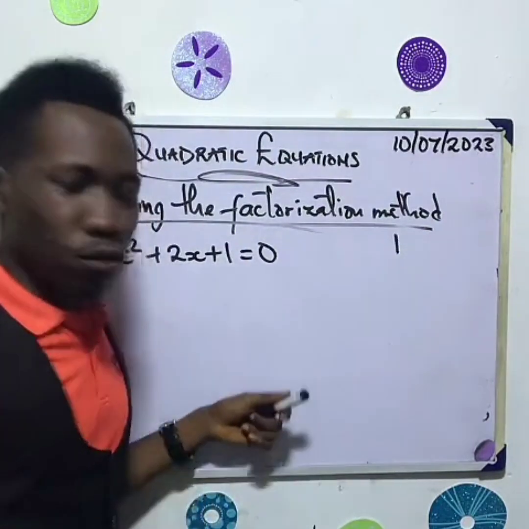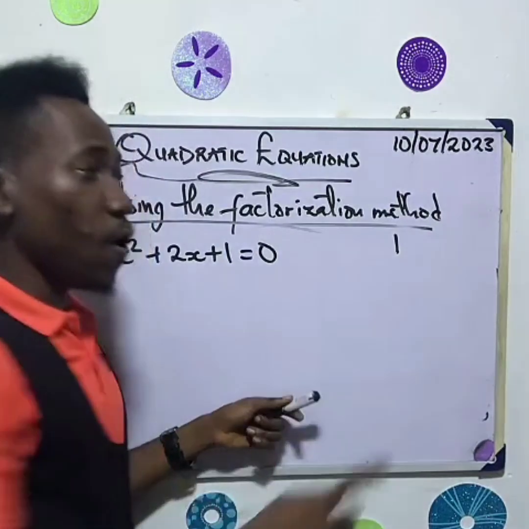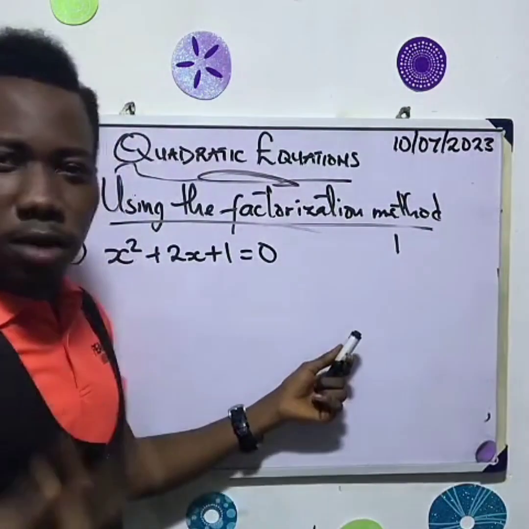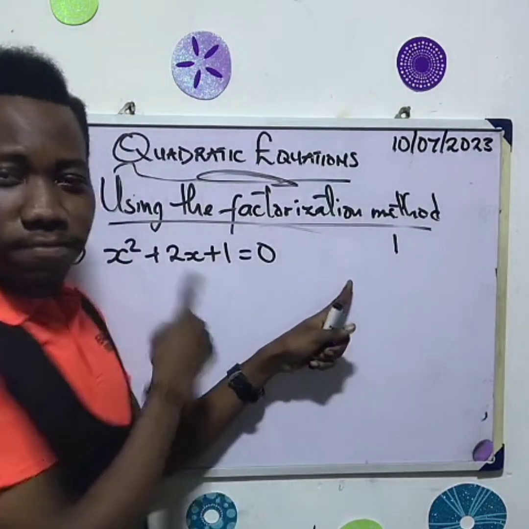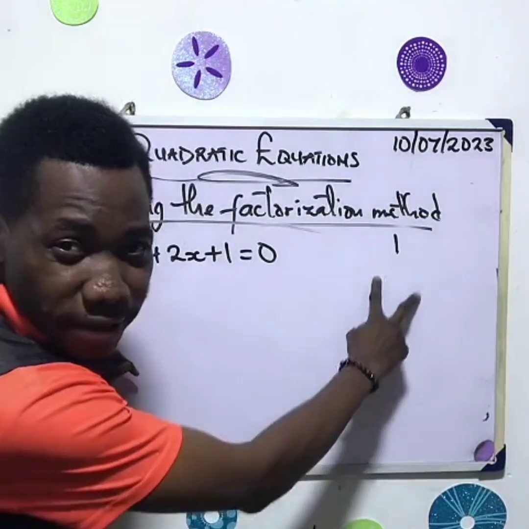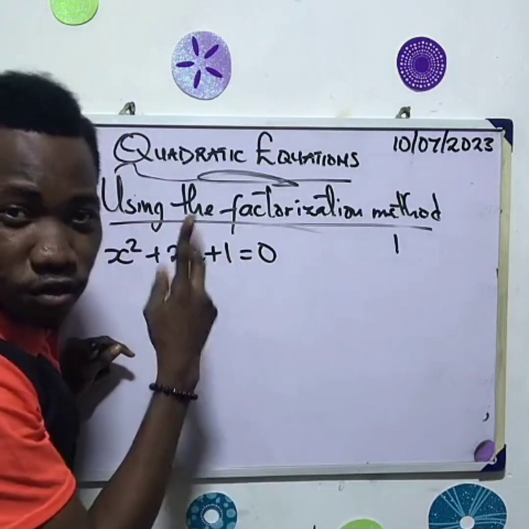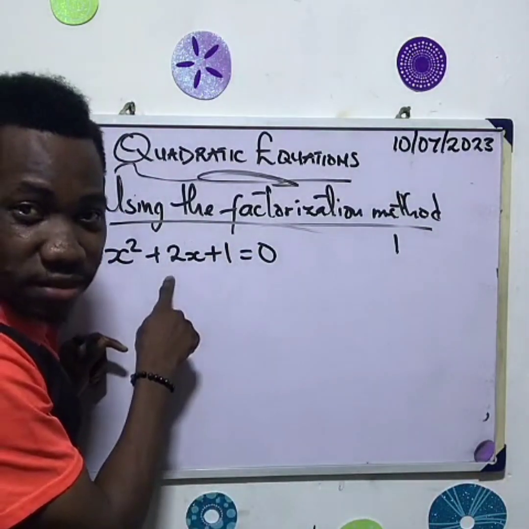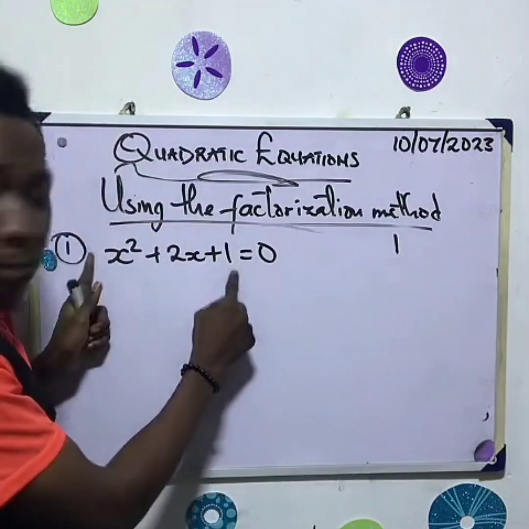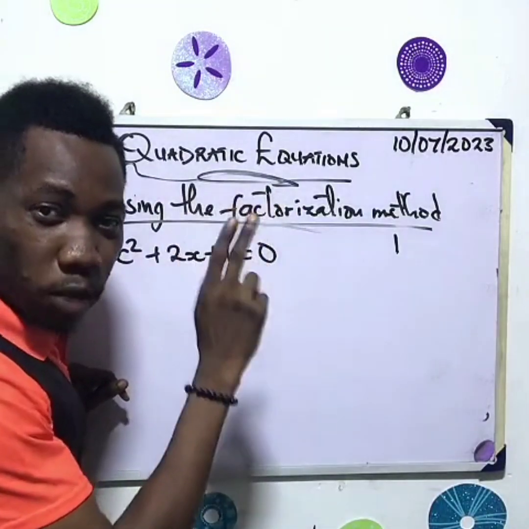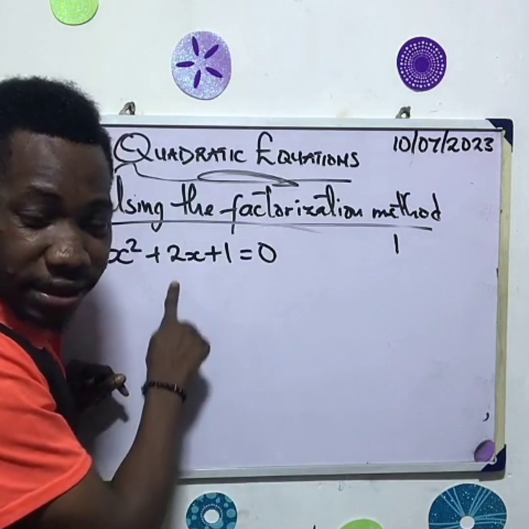The second thing you want to do is to get the multiplicative factors. 2 numbers that would multiply and give you 1, and will also add up to give you what b is. In this case, plus 2.